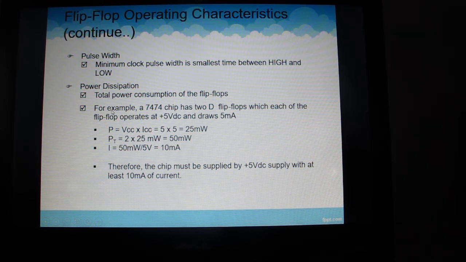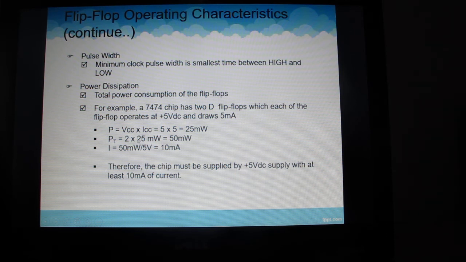Okay, this is an example. We use the 474 chip that has 2 D flip-flops, where each flip-flop operates at positive 5 volts DC and draws 5 milliamperes.